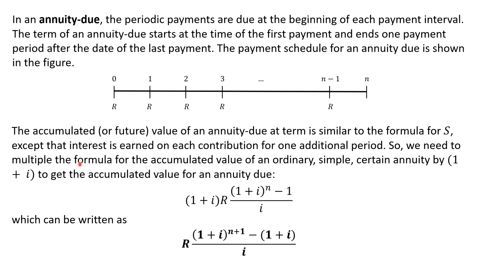So we need to multiply the formula for the accumulated value of an ordinary, simple, certain annuity by 1 plus I to get the accumulated value of the annuity due. So that's this here, or if you multiply through, you get this equation here. Okay, so that's just a variation. Then I have one more slide in this lesson.